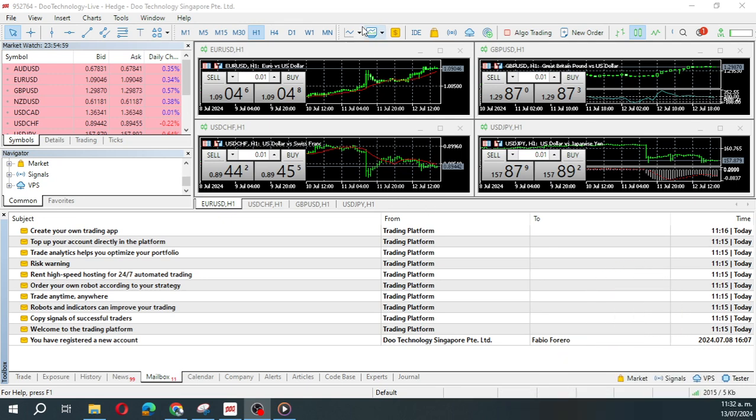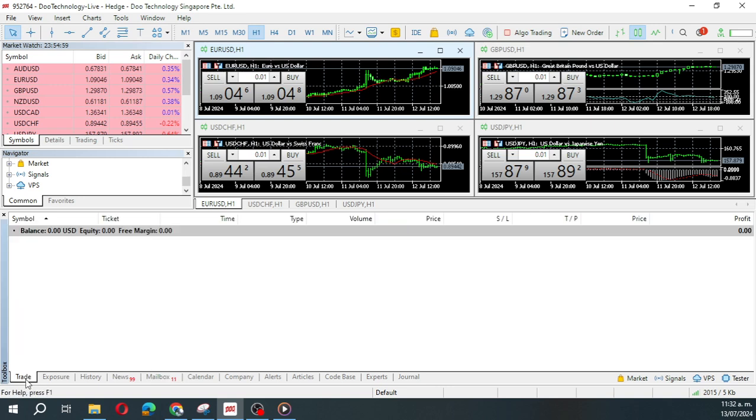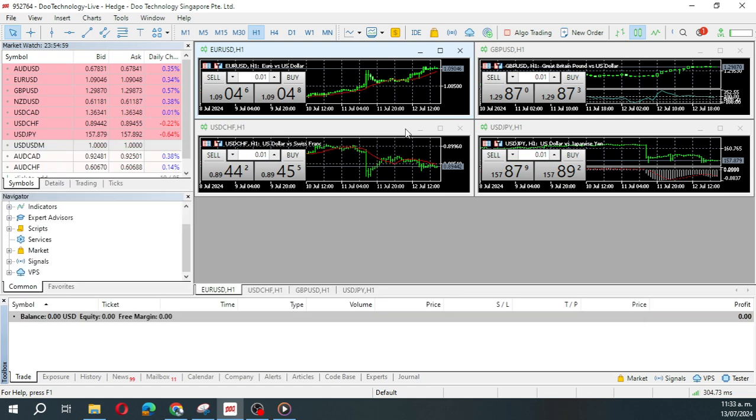So this is how the MT5 platform looks when you install it on the computer. Let's make some modifications to make it more friendly. At first we are going to modify this option in order to make the graphic bigger.